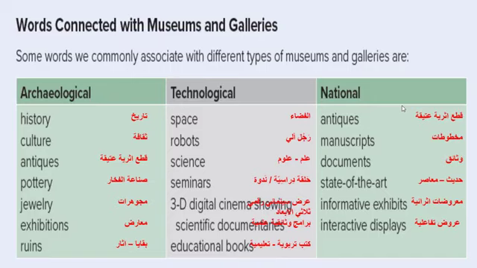As for technological, we have space, robots, science, seminars, 3D digital cinema showing, scientific documentaries, and educational books. As for the national, we have antiques, manuscripts, documents, state-of-the-art, informative exhibits, and interactive displays.